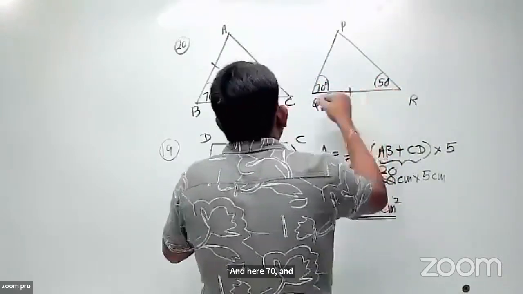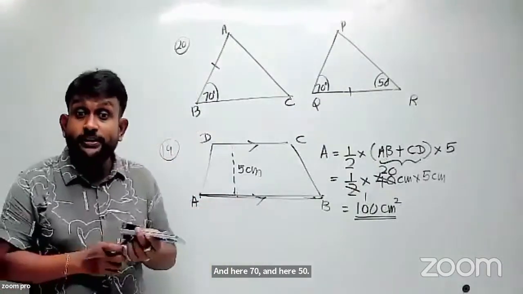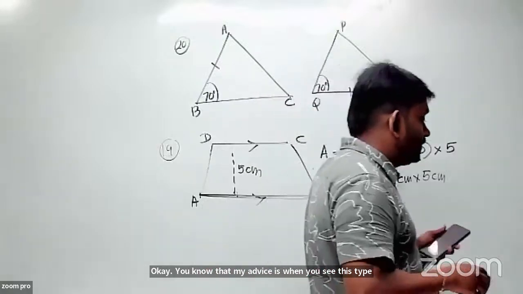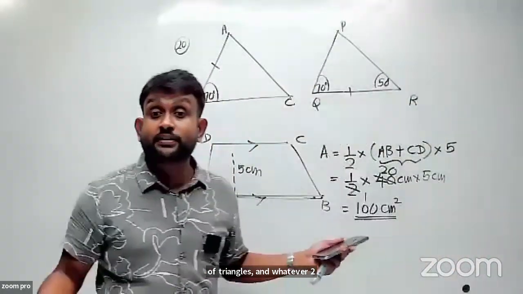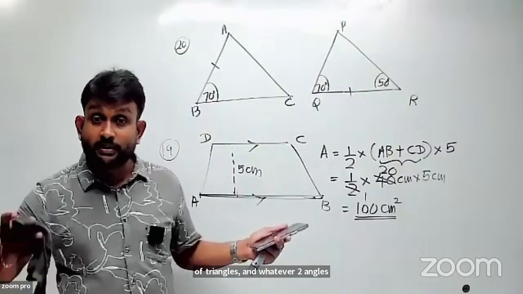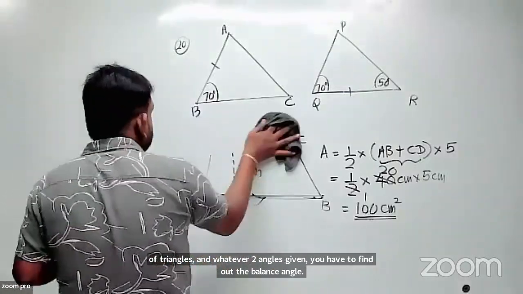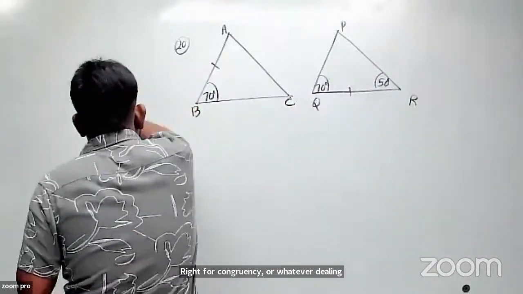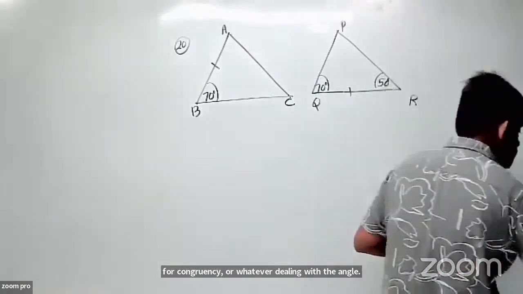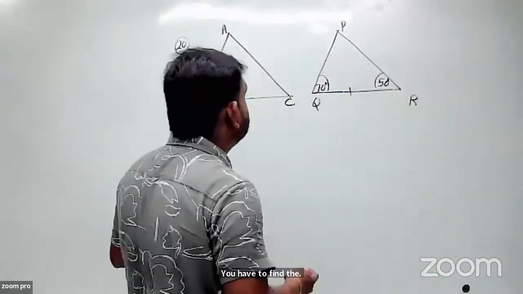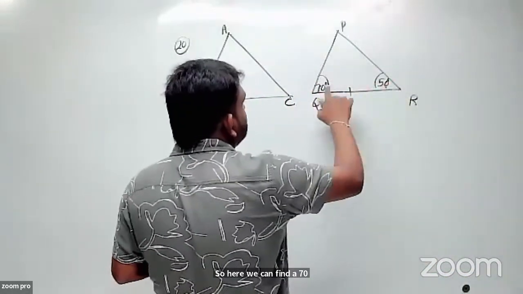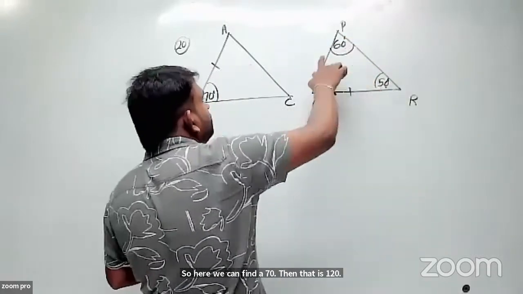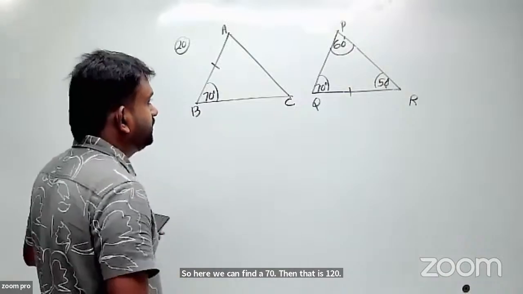My advice is, when you see this type of triangles and two angles are given, you must find the balance angle. For congruency or whatever dealing with triangles, you have to find the balance angle if you can. So here 70 plus 50 is 120, then the balance is 60, because the sum of the angles gives you 180.